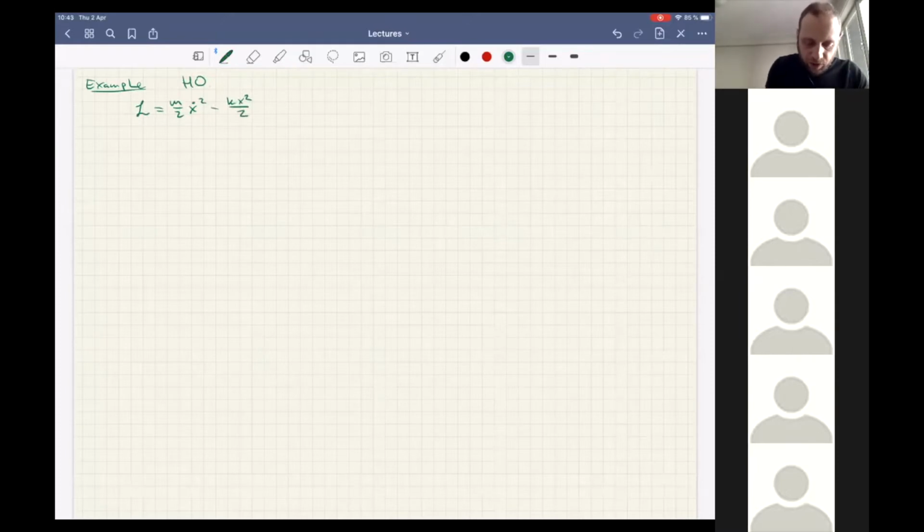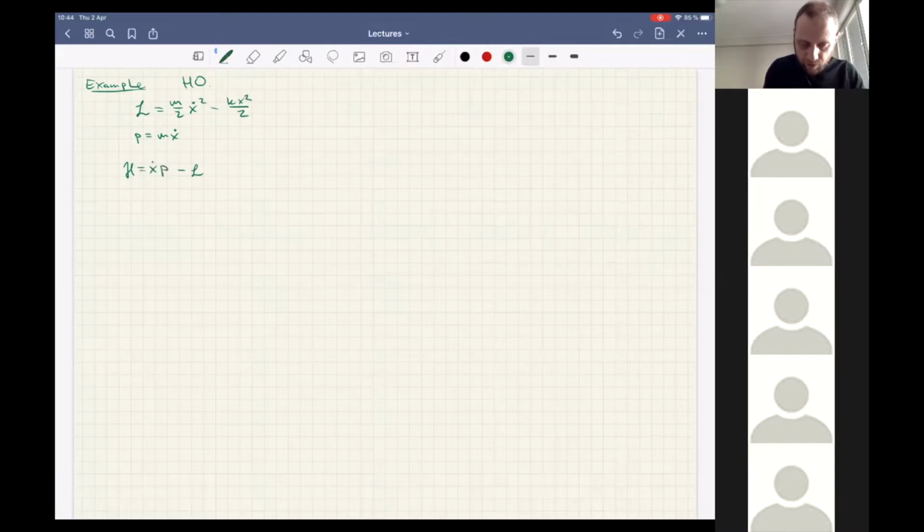So what we saw was that the canonical momentum was just m x dot, and this means that if we want to find the Hamiltonian, this should be q dot p minus the Lagrangian, but where we solve for q dot in terms of p. Well, q, we used x here, so let me exchange this for an x.